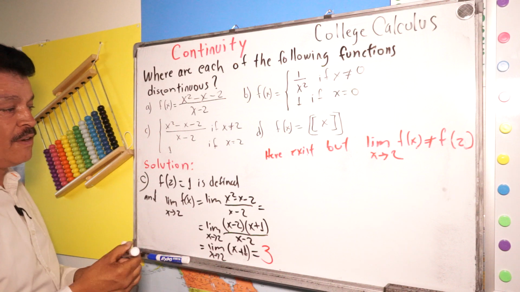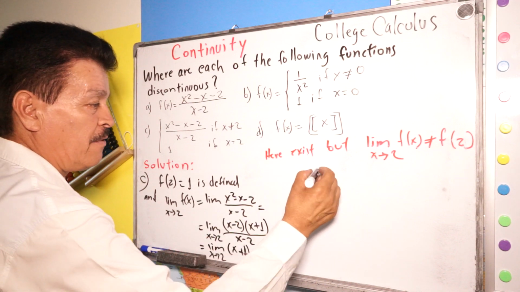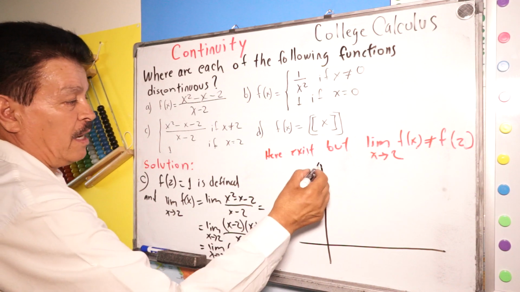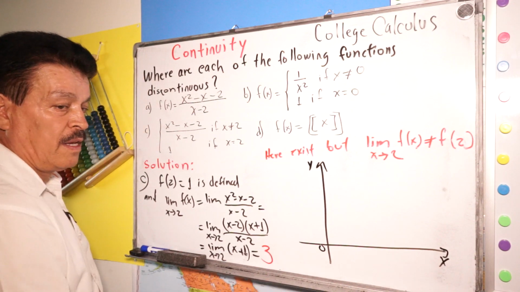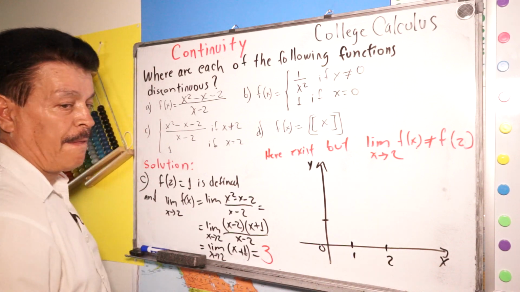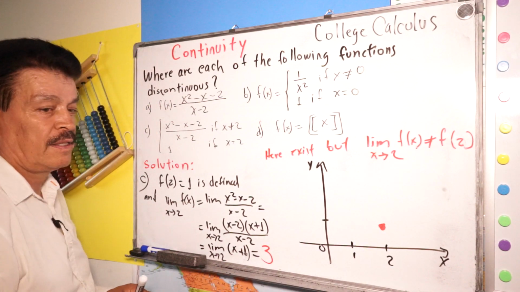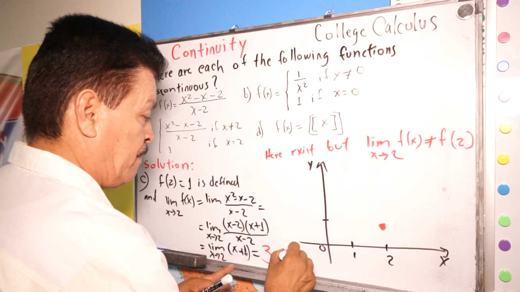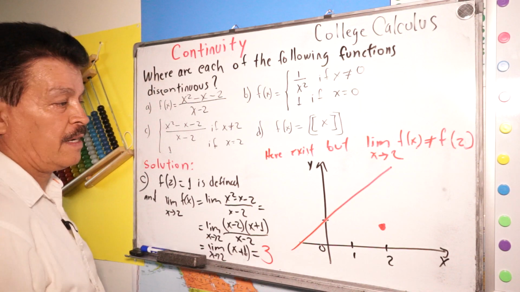So how does the graph look in this question? Look at our graph. We have y here, x here, 0. We have one point right here, 1 and 2. This makes one point right here. See? And then the graph runs right there.